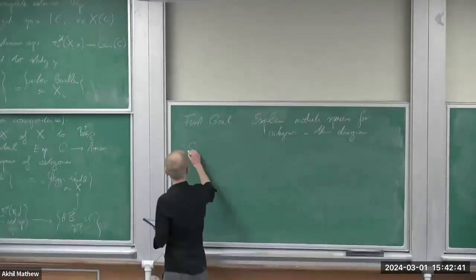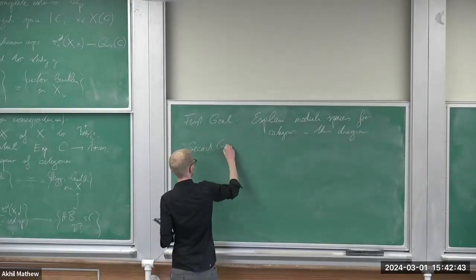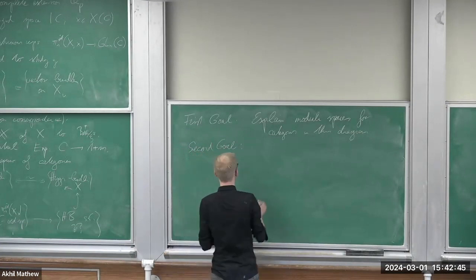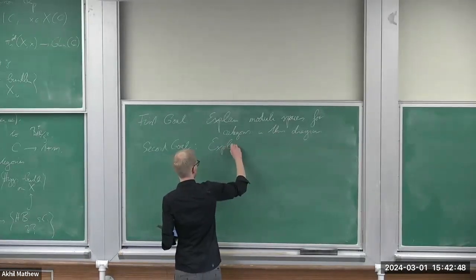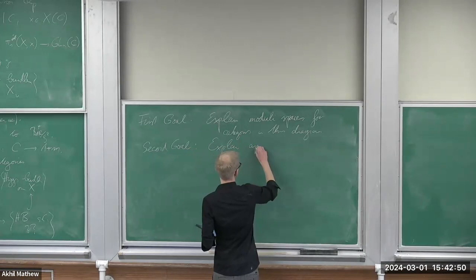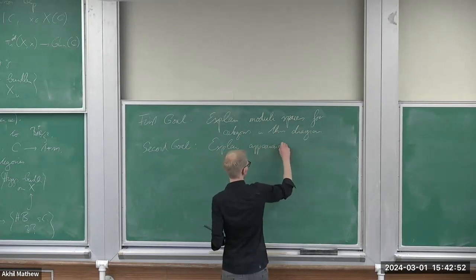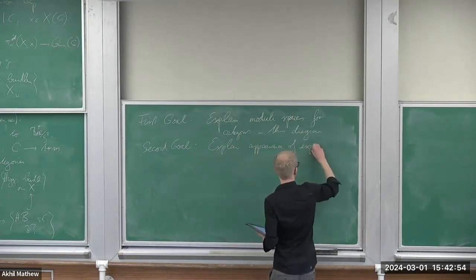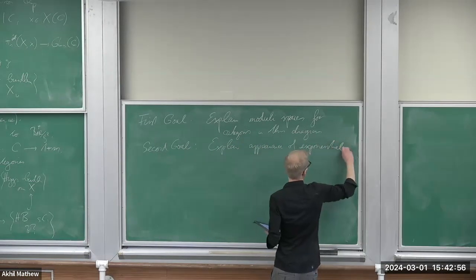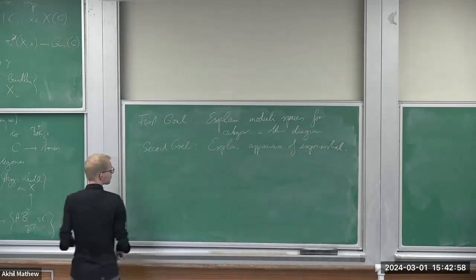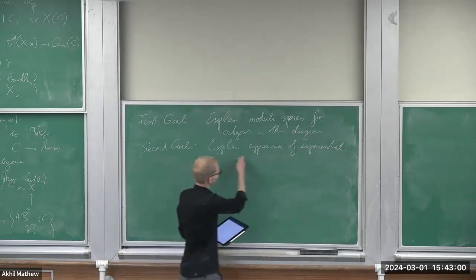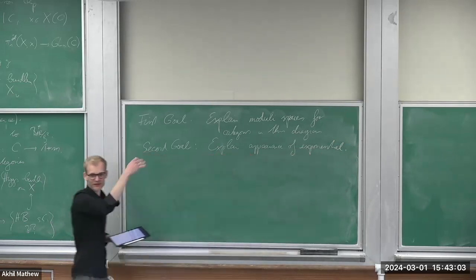And then the second goal is to use them in order to explain in a geometric fashion the appearance of the exponential. Okay. So that's, at least for the purpose of this talk, the main motivation for the passage.